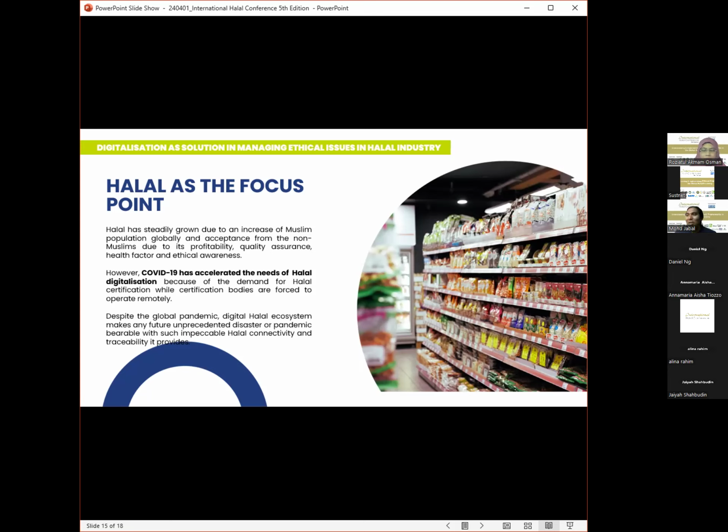You know, we have been facing COVID-19 for more than a year, but we still need to consume halal food. So people, for example halal executives or halal compliance officers, even though they are staying at home, still need to take care of halal matters. But how? Yeah.